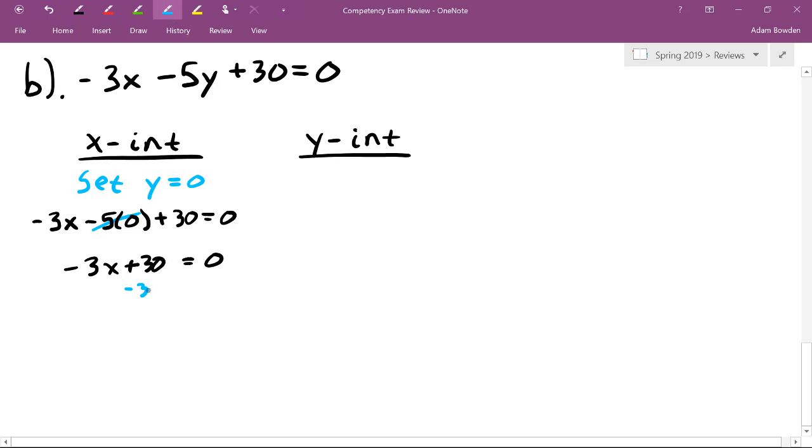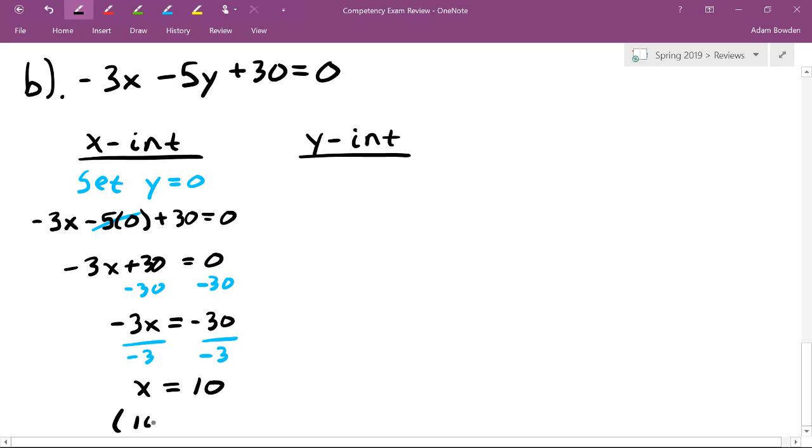Now we have to subtract the 30 over. Negative 3x equals negative 30. Divide by negative 3 to both sides, and we'll get our solution for x of x equals 10. And so the x-intercept would be the point 10, 0.